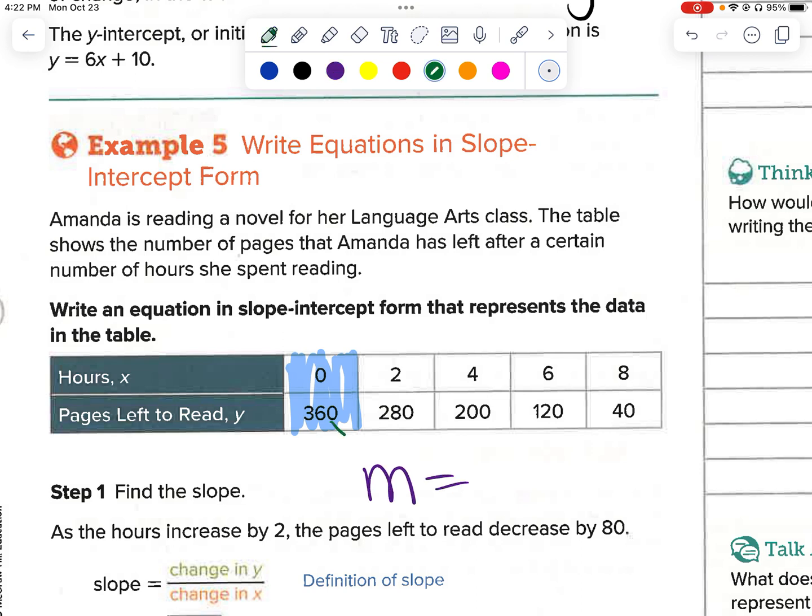So I'm going to see how much it is from here to here. So 360 minus 280, that'll get me 80. So this went down 80. So negative 80 over, I'm going to look from here to here. It went up 2. So that means that my slope is equal to negative 40.